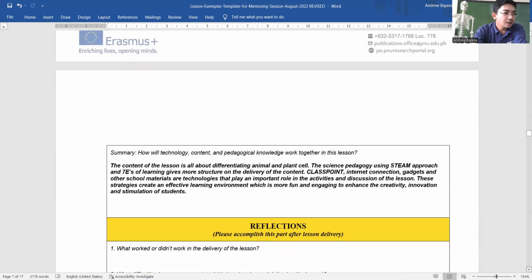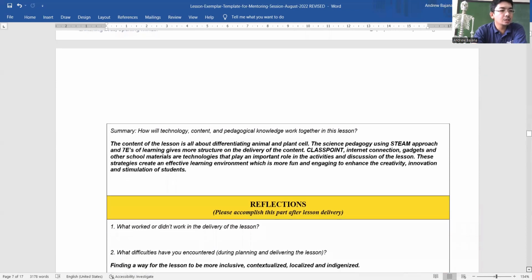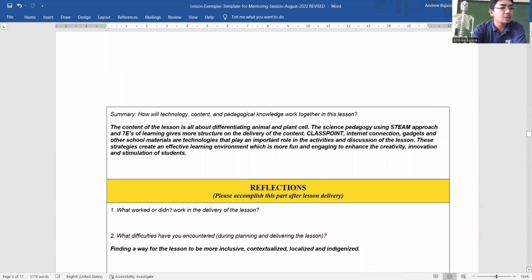Summary: how will technology, content, and pedagogical knowledge work together in this lesson? The content of the lesson is all about differentiating animal and plant cells. The science pedagogy using STEAM and 7 E's of learning gives more structure to the delivery of the content.